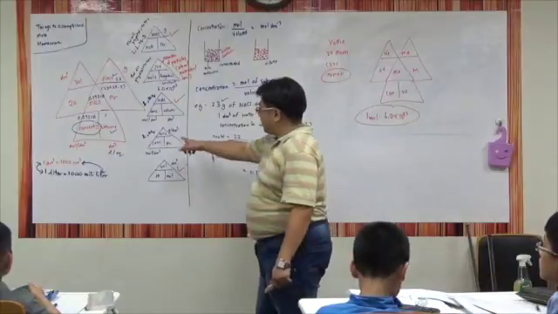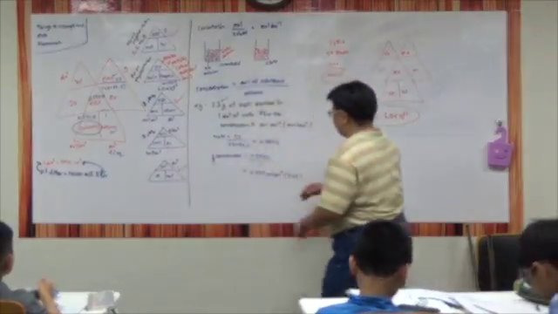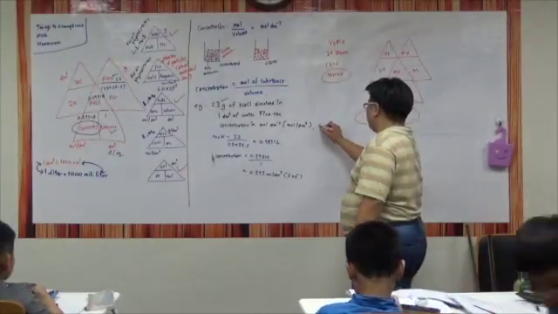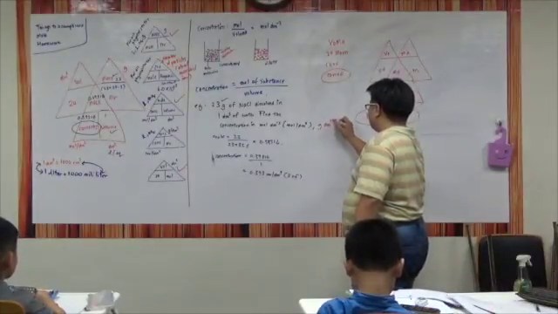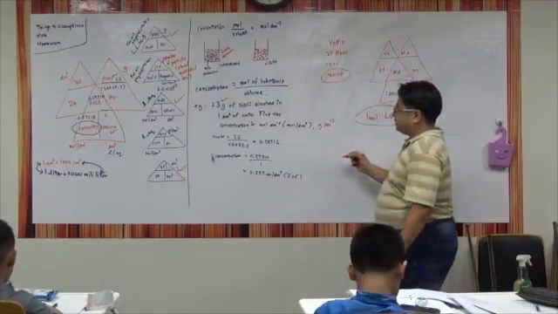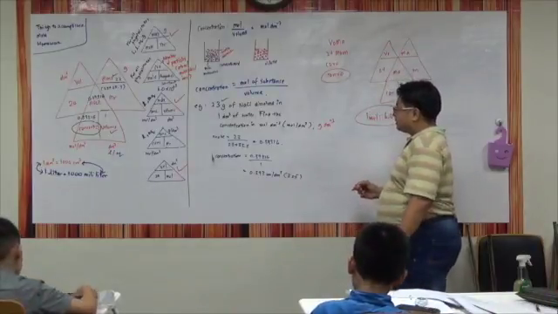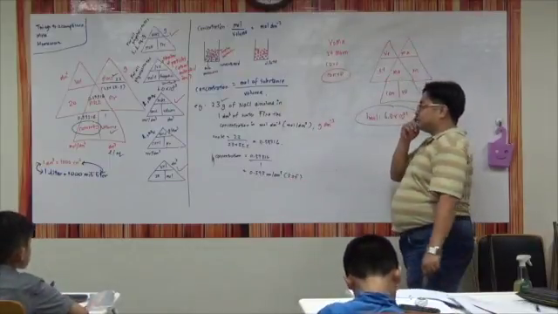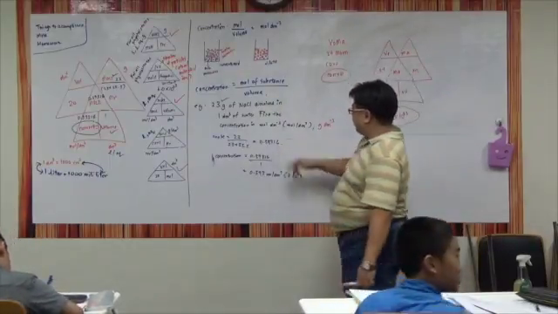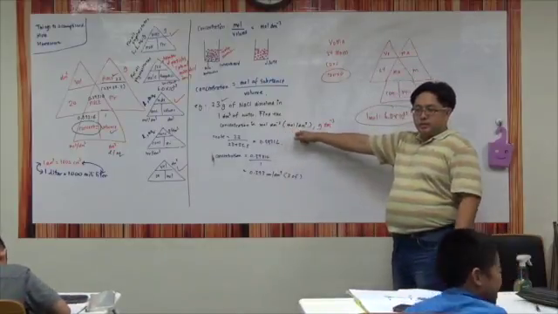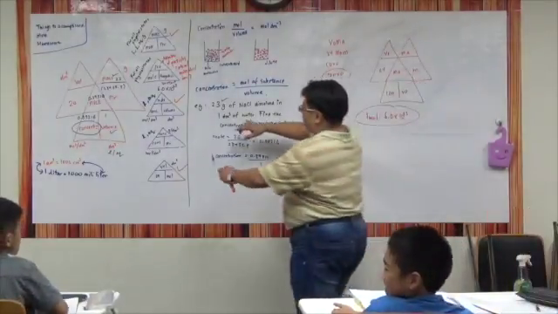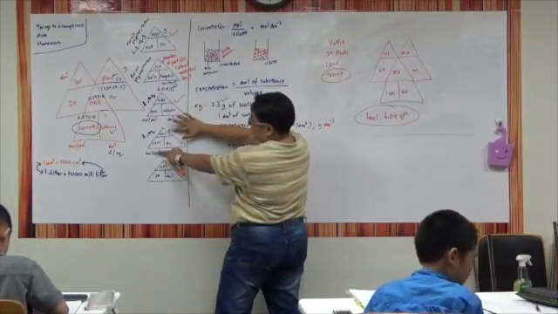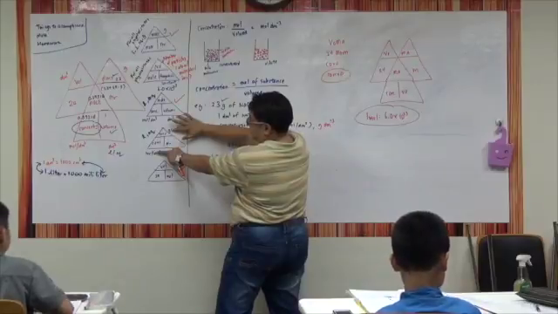Okay, so let's apply this. For example, in the same question, if they ask you to find the concentration now in gram per dm3, how do you find it? You have mole per dm3 already, right? So you have mole. Can you get the concentration in gram per dm3?